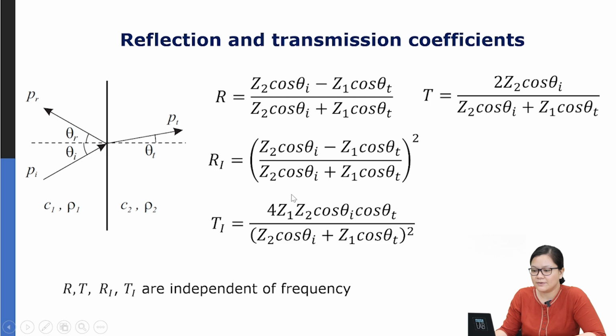And similarly here for the reflection and the transmission coefficients in terms of intensity. So note that in these equations, there's no dependence on frequency. These are just dependent on the angles and the pressure amplitudes with which the wave is traveling.